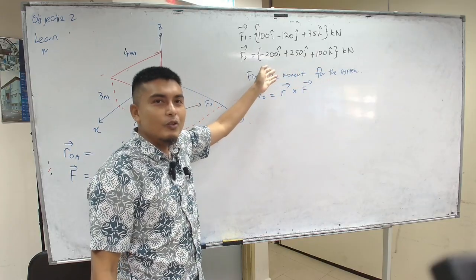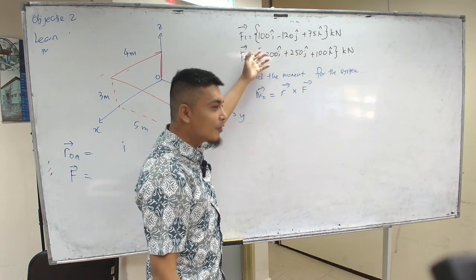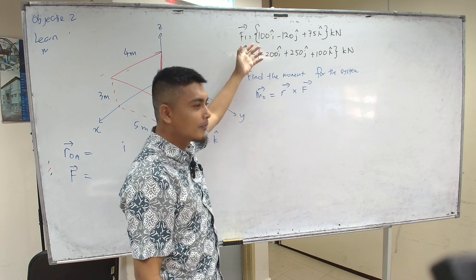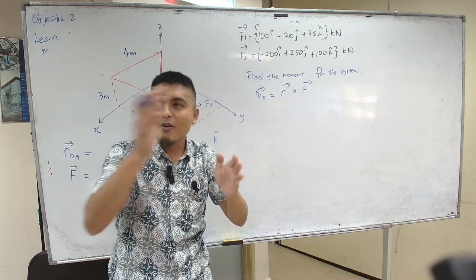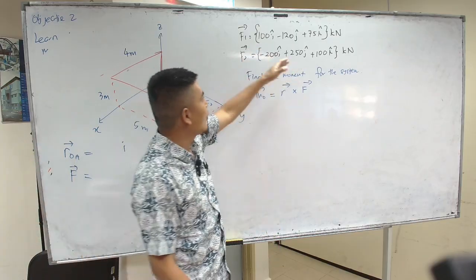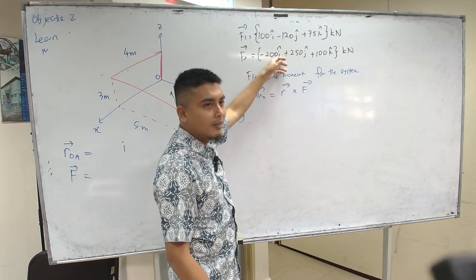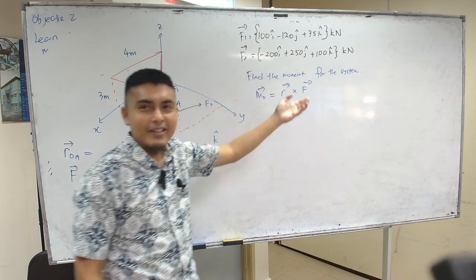So, do you think that you need this kind of information in your exam? Do you want to separate your force into I, J, K, or do you already want your force in this form? This form, right? It will be easy, yeah?